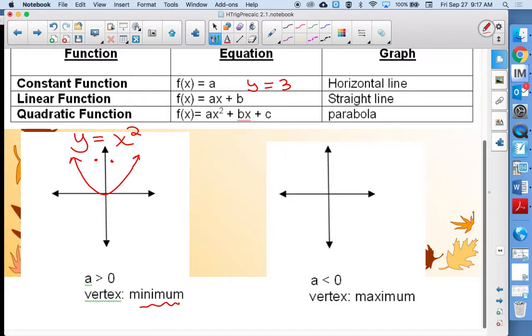That's our smiley face parabola. Happy it's Friday. So a positive parabola opens up. It's happy. Its vertex, which is the point right here, that's called the minimum. Now it has a little dimple in its chin.